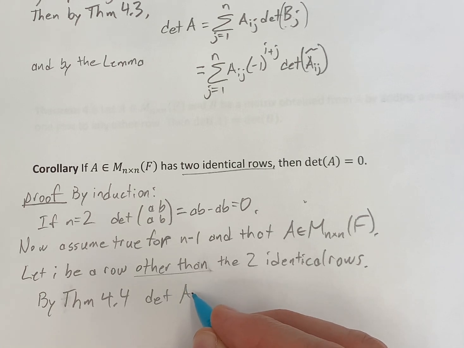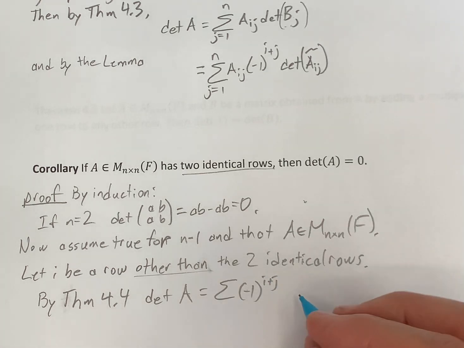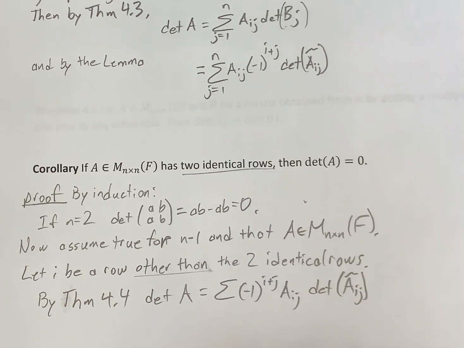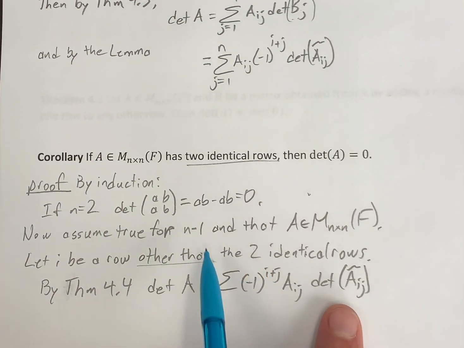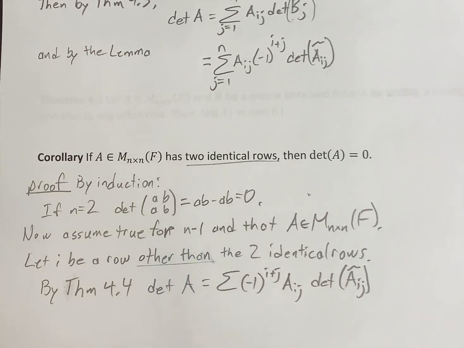The determinant of A equals the sum of (-1) to the i plus j, a_ij, the determinant of A tilde ij. But think about it, what's this? This is a matrix of size n-1 by n-1, and it still has 2 identical rows.